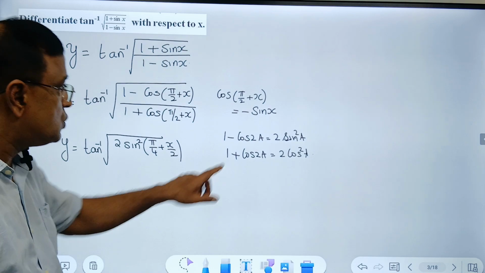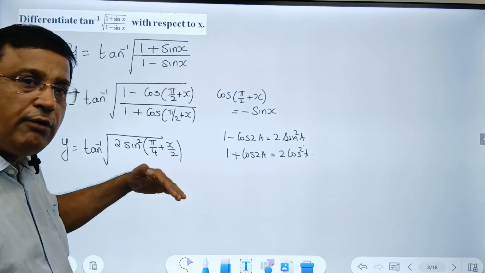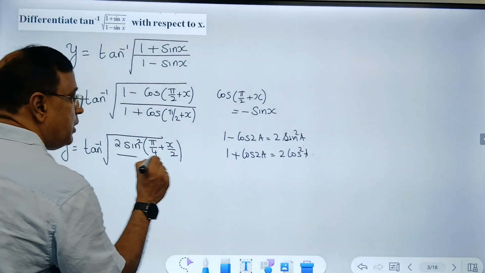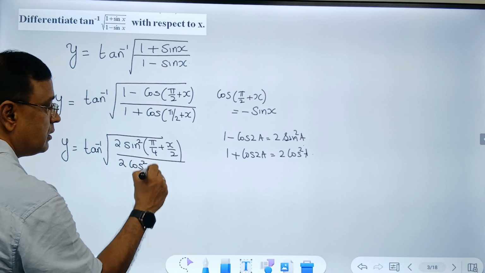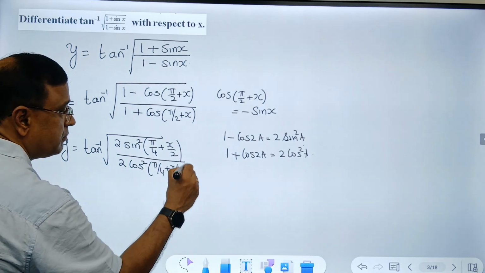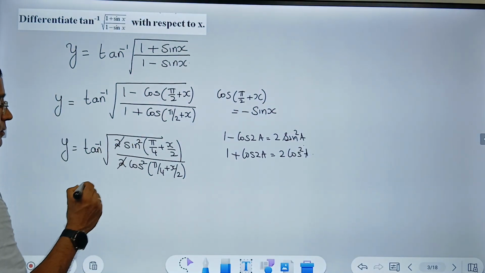Yes, because 2a becomes a, half. So pi by 2 plus x will become half of it, that is pi by 4 plus x by 2. Divided by 2 cos square pi by 4 plus x by 2. So it's very simple. 2 gets cancelled.